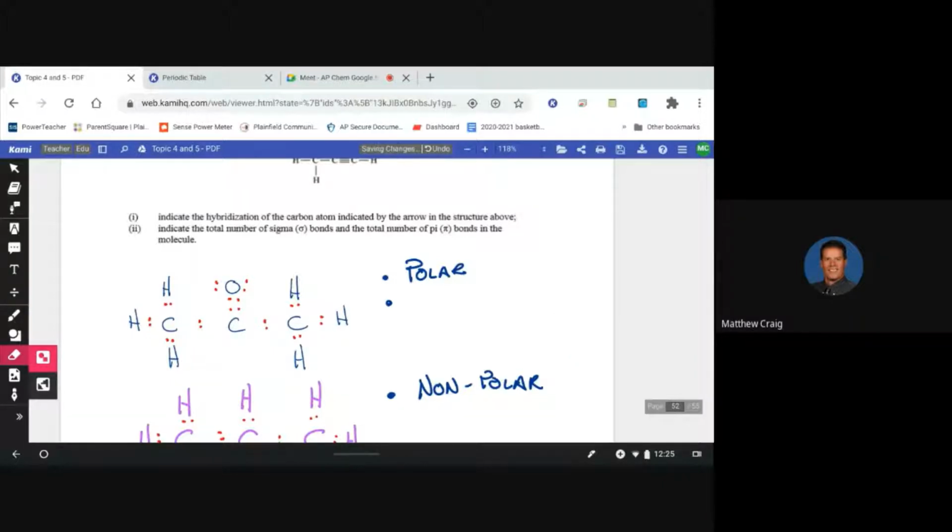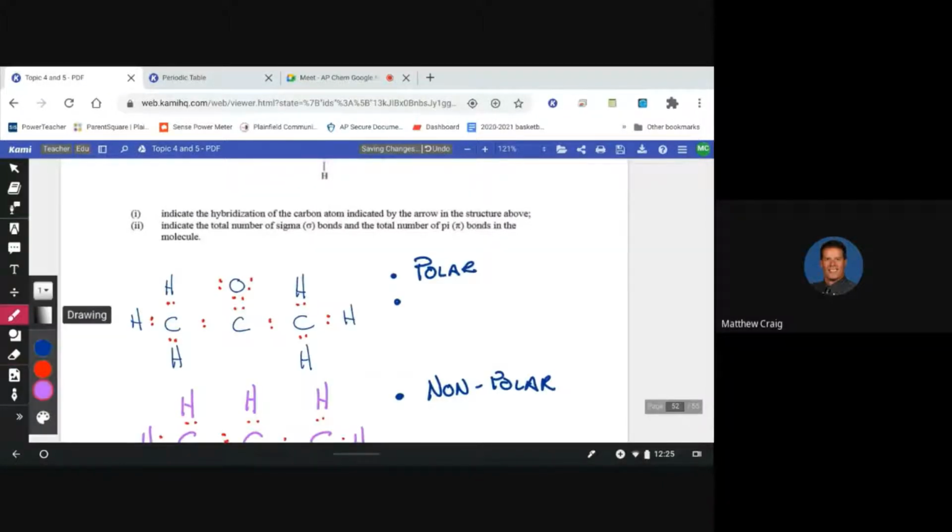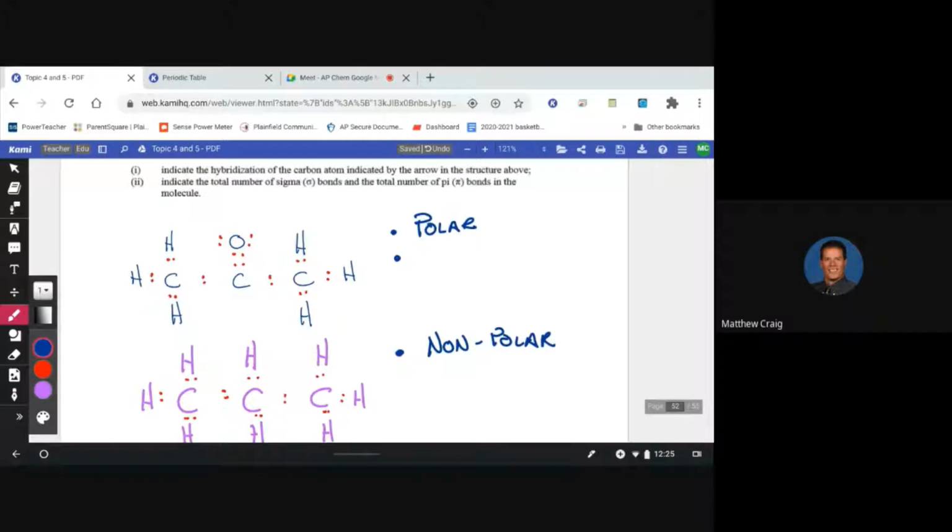So let's keep going. What kind of bonding does the propanone, the top one, have? Dipole-dipole. Would anybody say hydrogen bonding? No. Why?